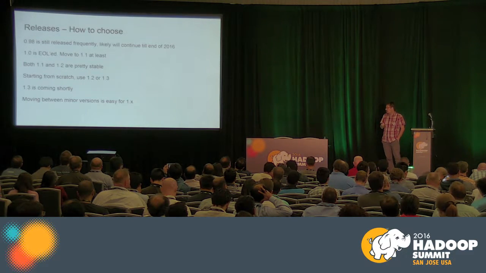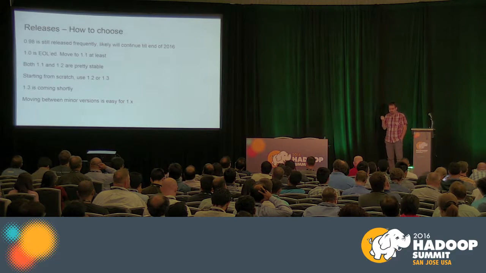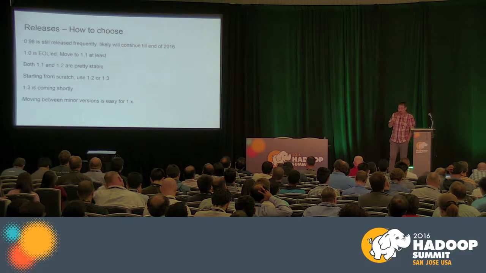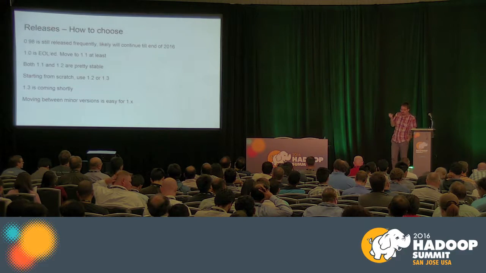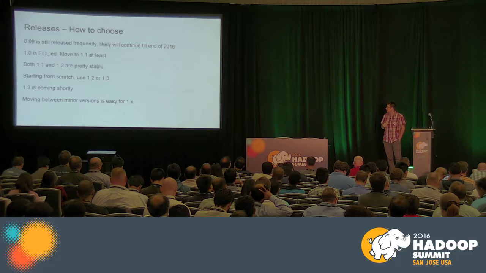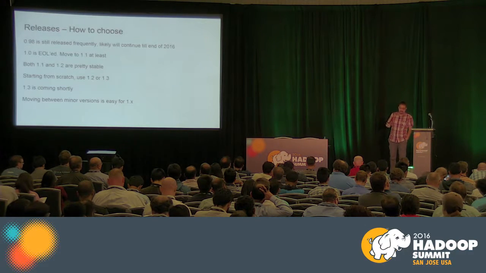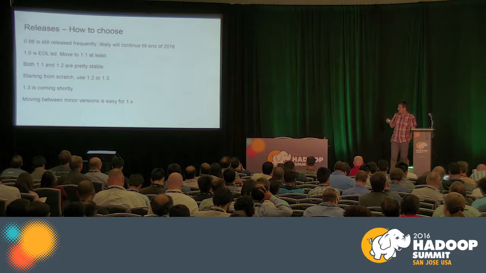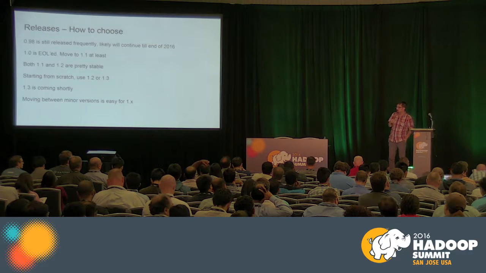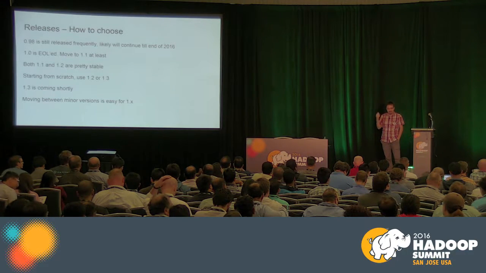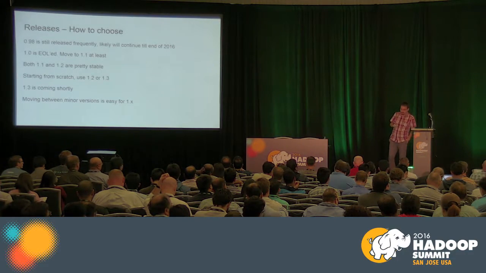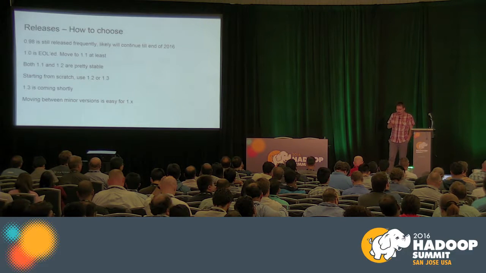But if you're on the Apache release lines, the 0.98 releases are still continuing frequently. The release manager, Andrew, said that he will likely continue the monthly release schedule to the end of this year. So if you're on that, you can go to 0.98.20. Probably it will go to 24 or something like that.